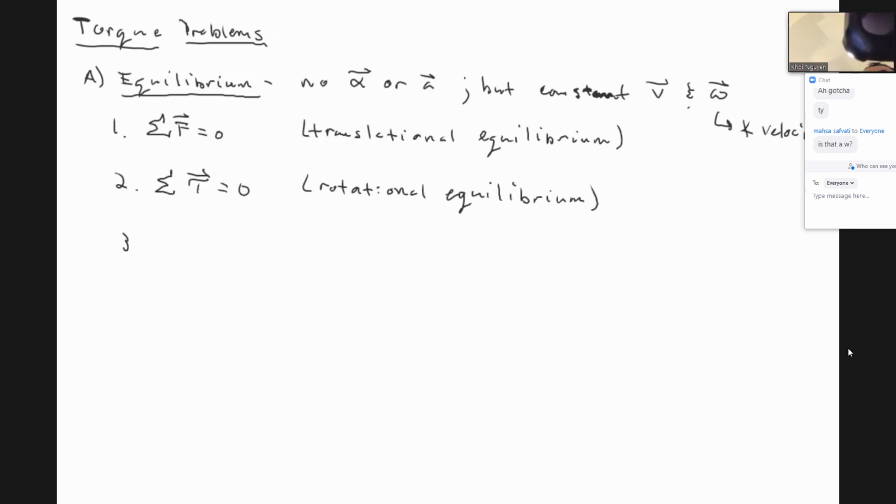The third state of equilibrium we've already discussed. That's if velocity is equal to 0 and angular velocity is equal to 0, right? Then we have static equilibrium.